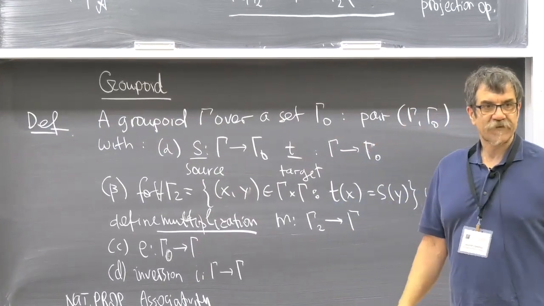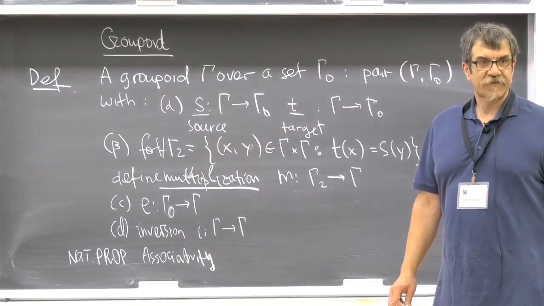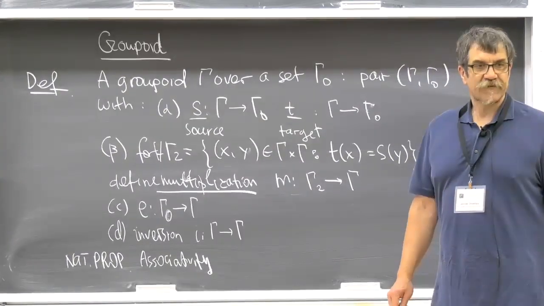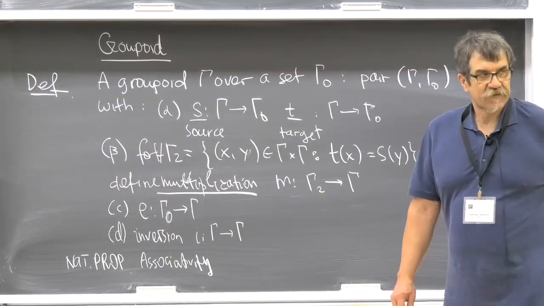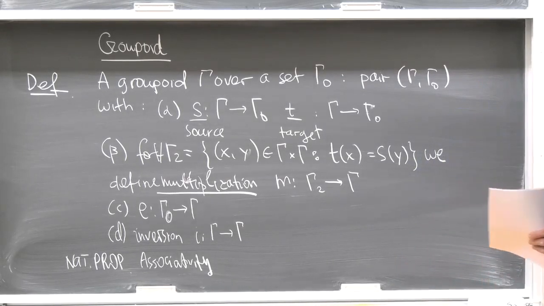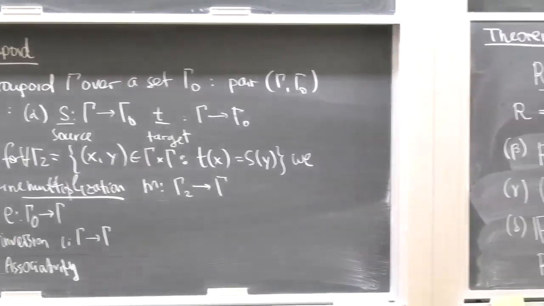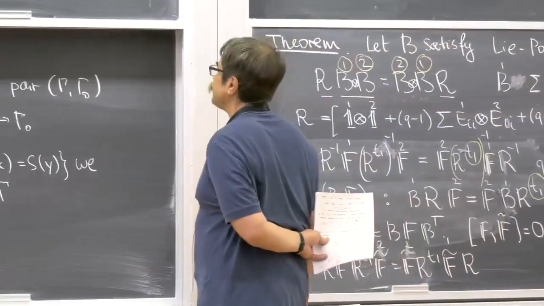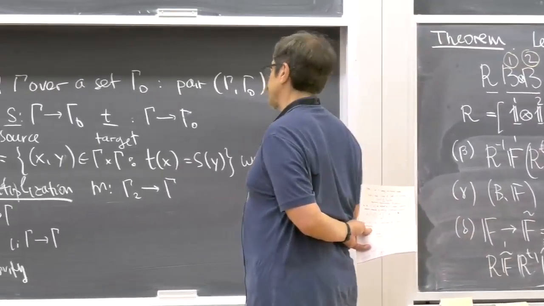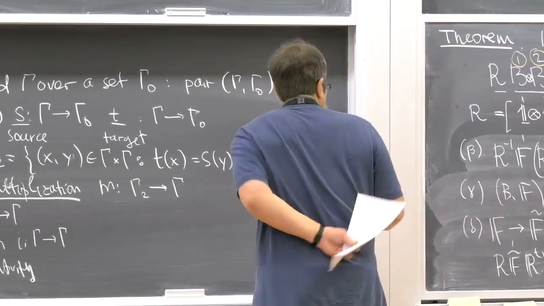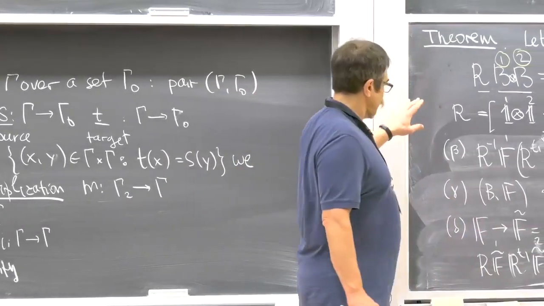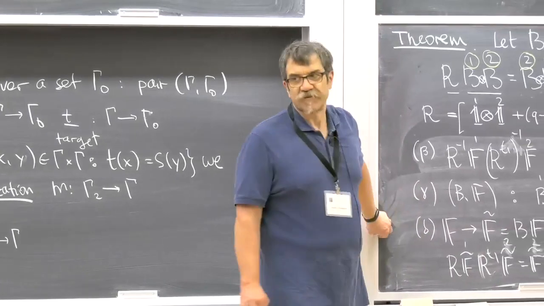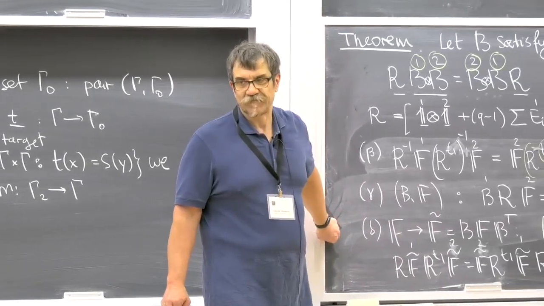Is your base of your groupoid also quantum, or only the arrows? The base? Well, what do you mean? No, Poisson. Well, okay. For me, a quantum groupoid is basically the set of these conditions, at least in this case.